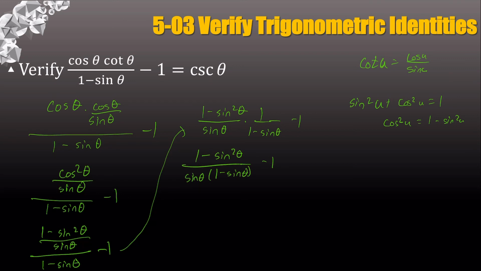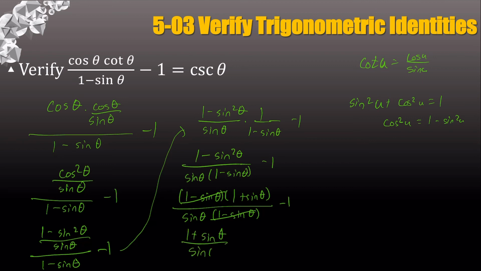Oh, hey, the top is a difference of squares. It's 1 squared minus sine squared. So I can make it 1 minus sine, 1 plus sine. The 1 minus sine cancels out. So I have 1 plus sine over sine, minus 1.